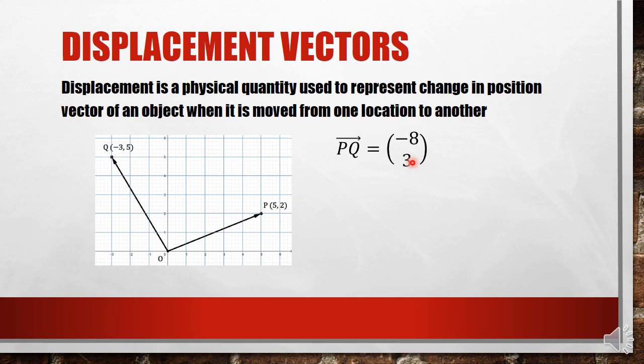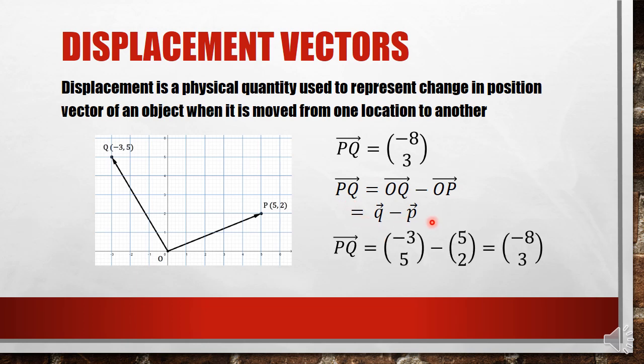In another way, we can find vector PQ using the displacement vector like this. PQ equals the position vector of Q subtracted by the position vector of P. So PQ equals Q minus P. The position vector of Q is (-3, 5), subtracted by (5, 2).